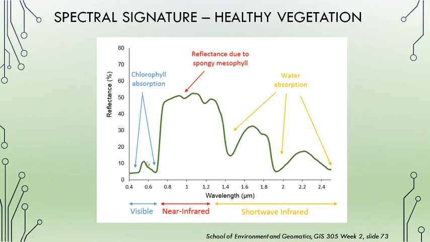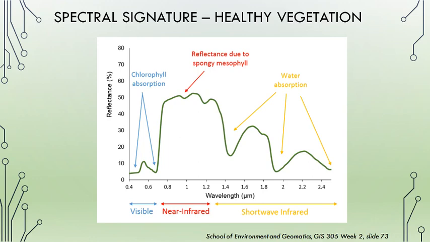So that's the curve, and note how suddenly, boom, there is this huge increase in reflectance, and that is due to spongy mesophyll. This is basically energy that is not a high enough level of energy for the plant to use, so it just wants to get rid of it, otherwise it's just going to heat up and dry.